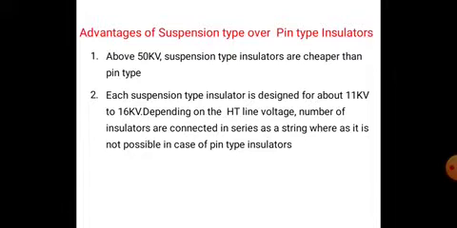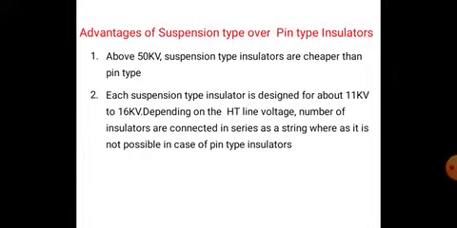Above 50 kV, suspension type insulators are cheaper than pin type. Comparing the two, as the voltage increases, suspension type insulators are cheaper than pin type insulators, but for lower voltages pin type insulators are suitable for transmission.